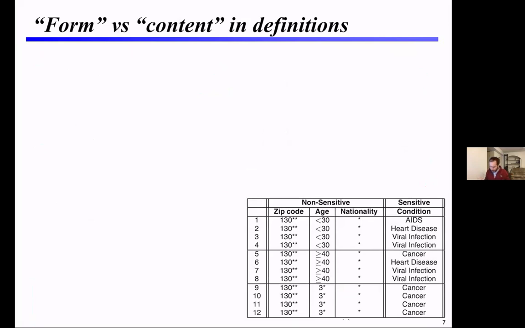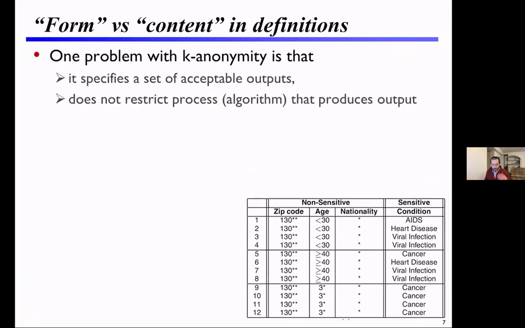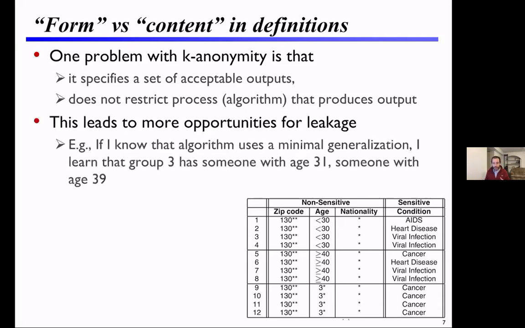One of the problems with k-anonymity is that it just specifies a set of acceptable outputs. It doesn't really restrict the process or the algorithm that produces the output. It does a little bit in the sense that you have to use generalization, but it doesn't tell you how you select which things to generalize. You in fact have a lot of leeway for that. And so this leads to more opportunities for leakage.